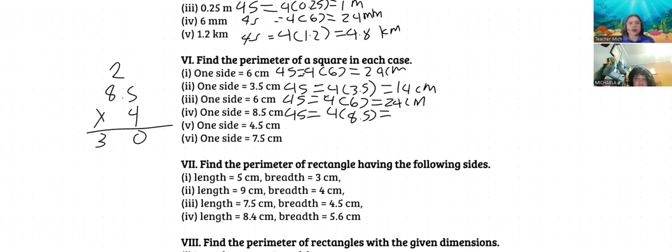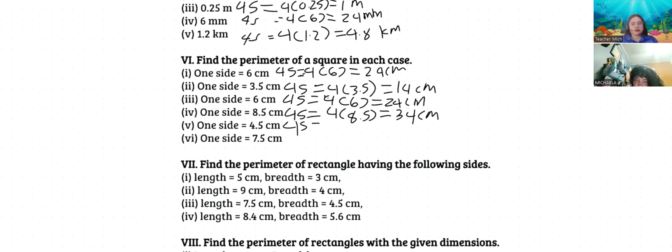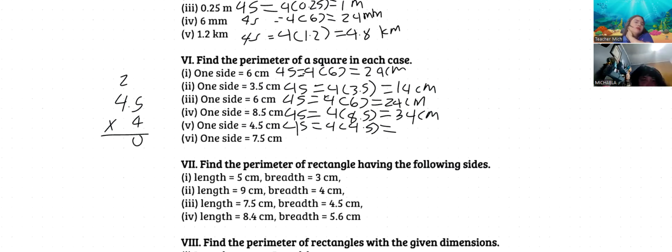Okay, very good. That's 34 centimeter. Okay, how about if one of its sides measures 4.5 centimeter? Anak, what's the unit for number 5?